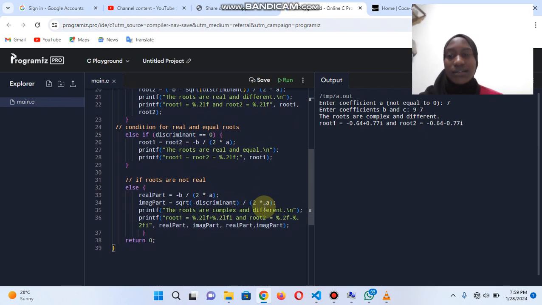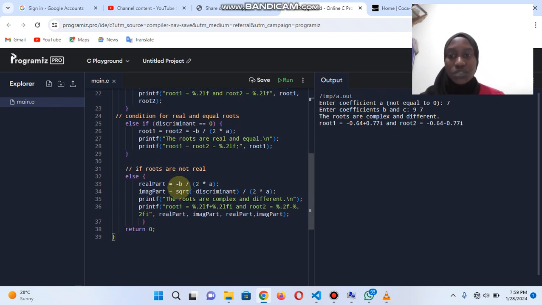And the next part, we have if the roots are not real, meaning they are complex. Well, in the quadratic formula, the first part, negative b over 2a, is the real part, and we have the imaginary part, which is the square root of the discriminant over still 2a, because 2a is all over the equation.